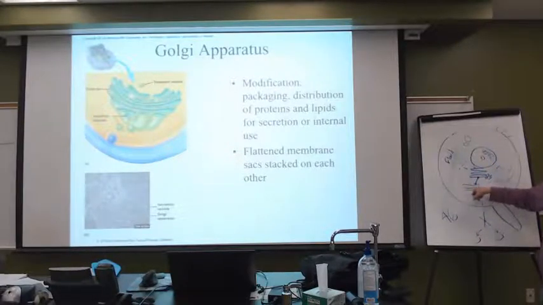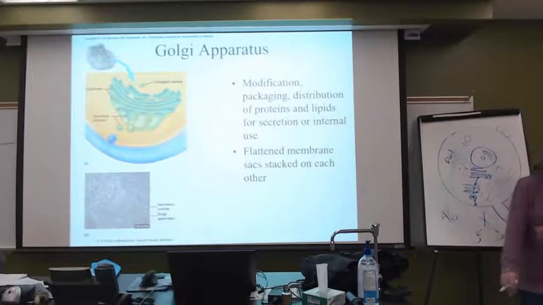The Golgi apparatus, as it begins to now move through all these flattened sacs, that protein is getting modified and packaged for transport. So by the time it leaves that last fold of the Golgi apparatus, that protein is now in its own membrane that makes its way to the plasma membrane and either continues and moves out, or the membrane fuses and spits the product out.